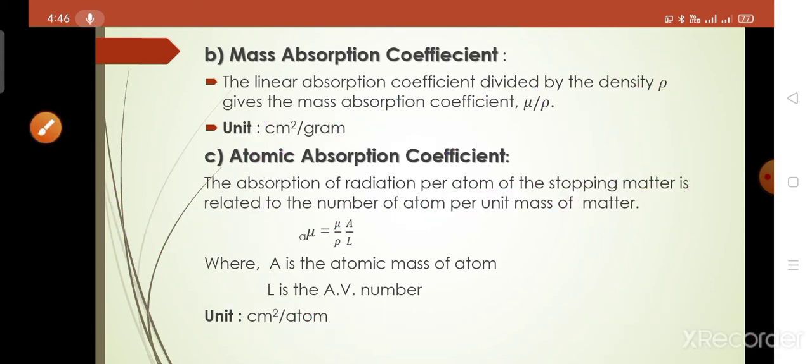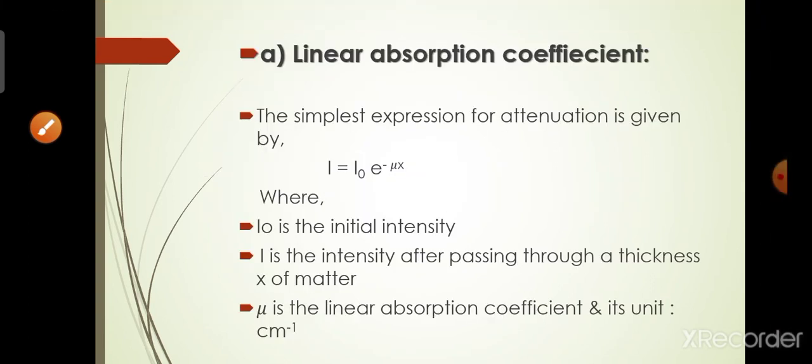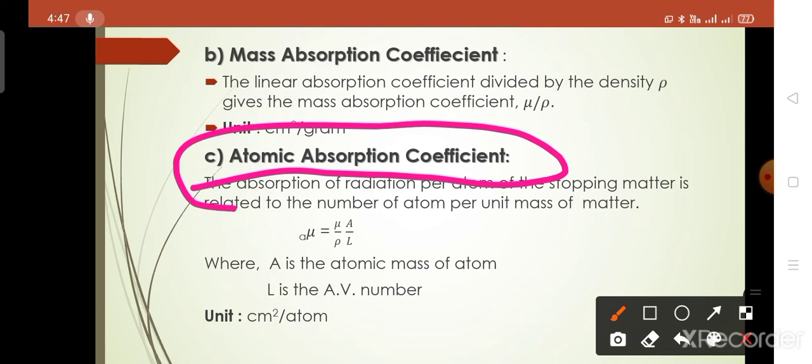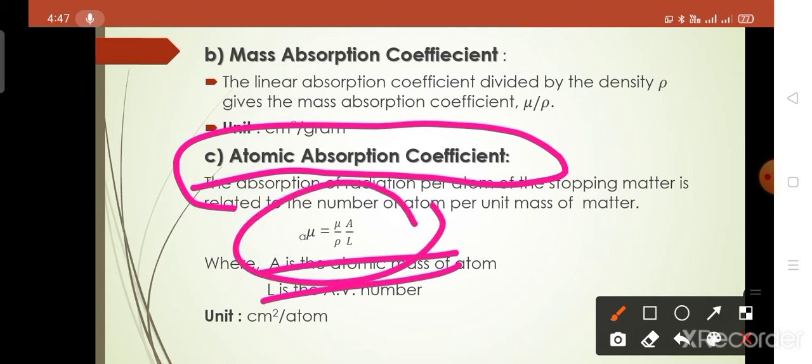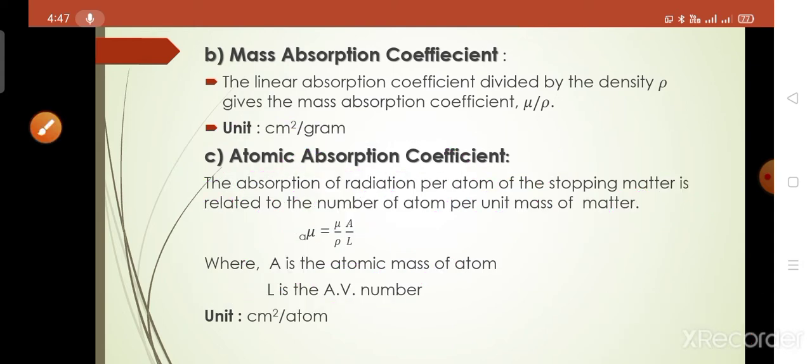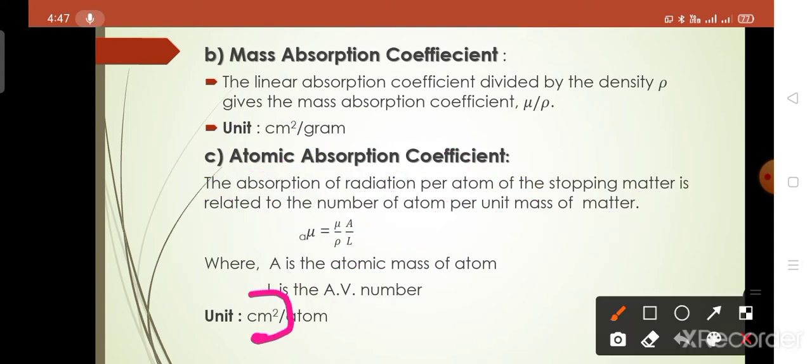Then the unit of the atomic absorption coefficient is centimeter square per atom. Here, in the numerator are mu, the absorption coefficient, and A, the atomic mass, and the unit of the numerator is centimeter square.